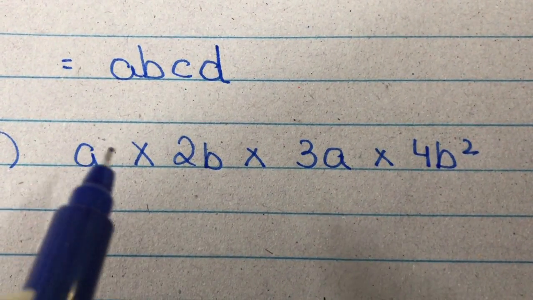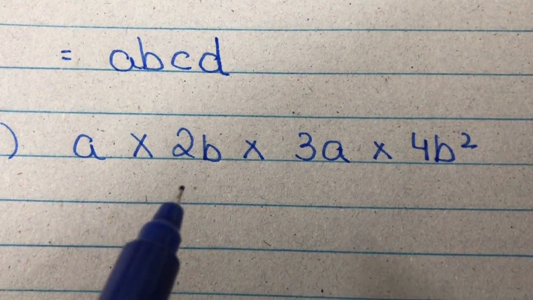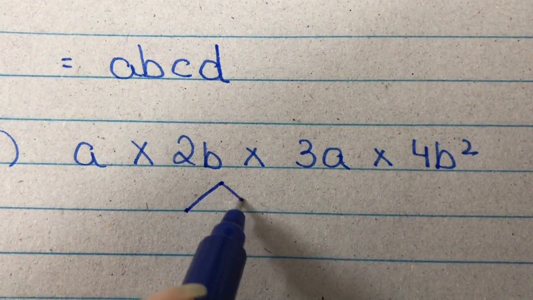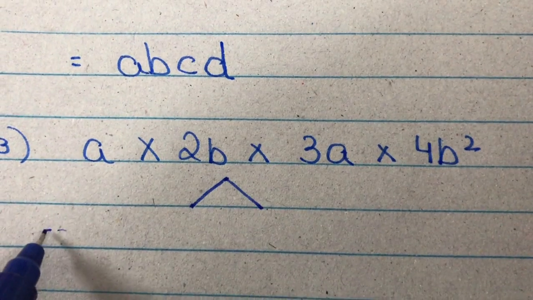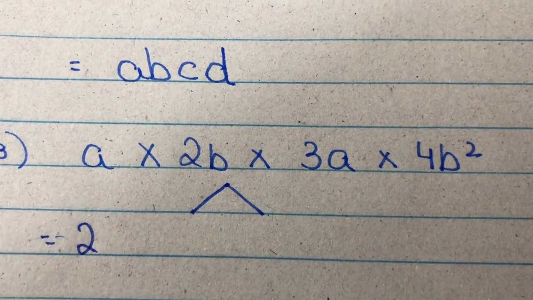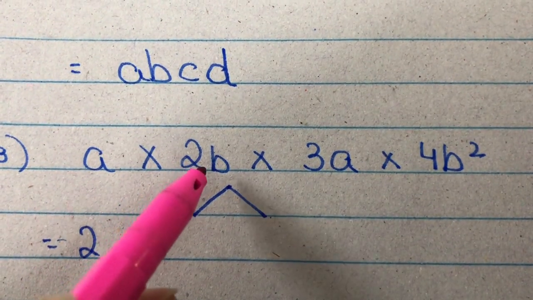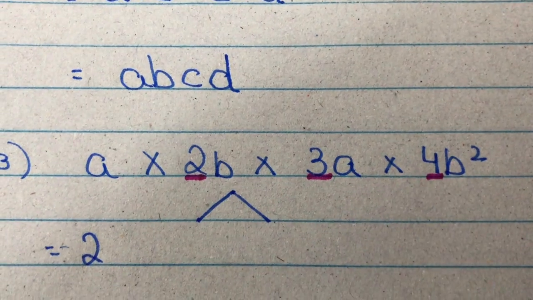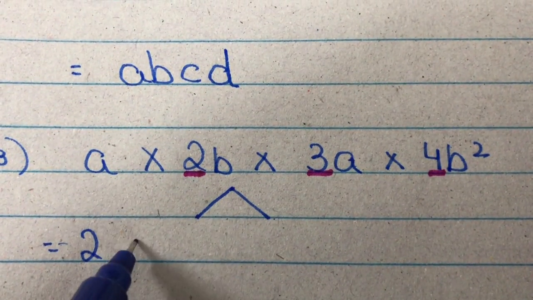But in multiplication, you don't take note of that. In multiplication, you just separate the numbers, separate the letters. What are the numbers? This is 1, no need to write. So 2, 3, 4. I'm going to write the numbers together.